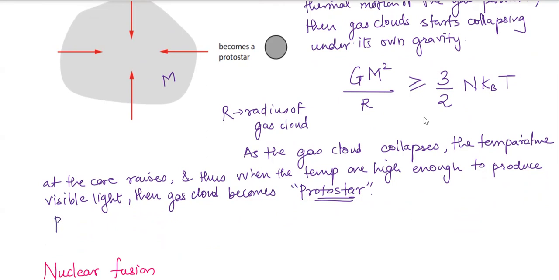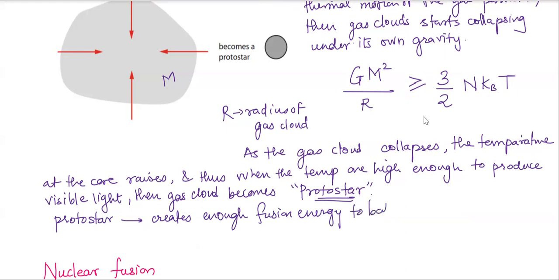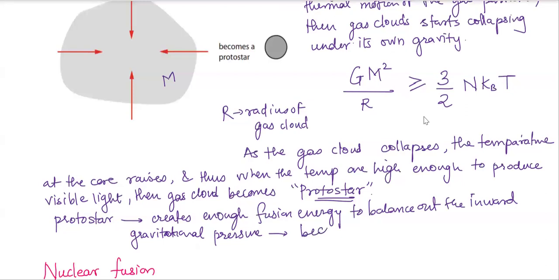When a protostar creates enough fusion energy to balance out the gravitational pressure, then the protostar becomes a main sequence star.